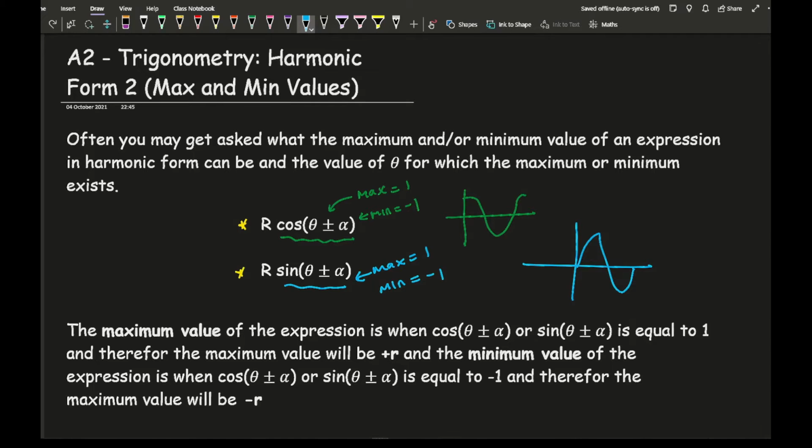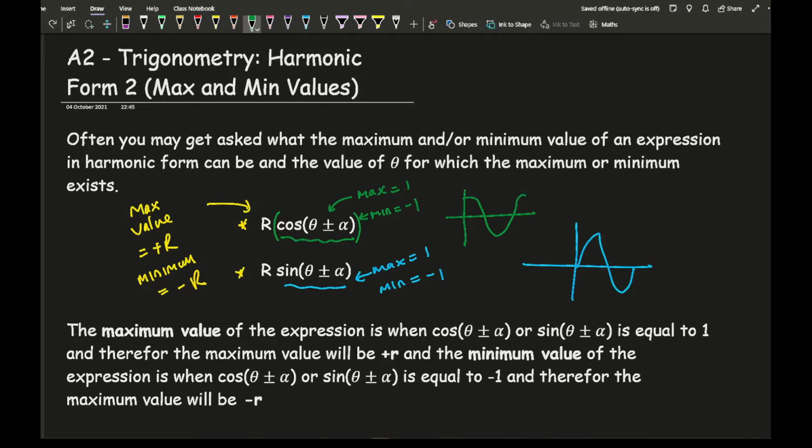Therefore the maximum value of an expression in harmonic form relating to cos is going to be positive R, and the minimum value is going to be minus R. The reason is that, looking at those highlighted parts, the maximum that can be is plus 1 and the minimum is minus 1, so the maximum value of the expression is positive R and the minimum is minus R. The same goes for sine.